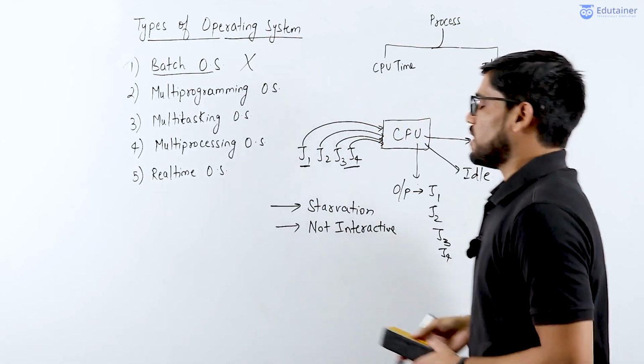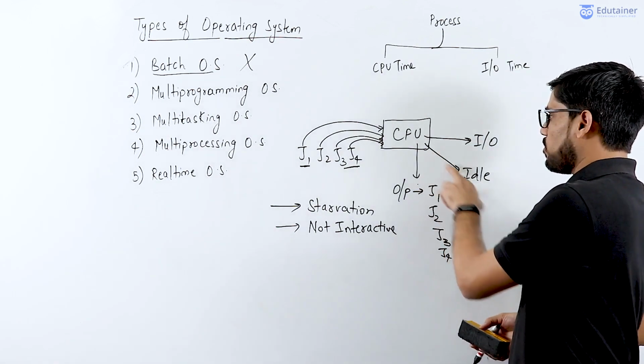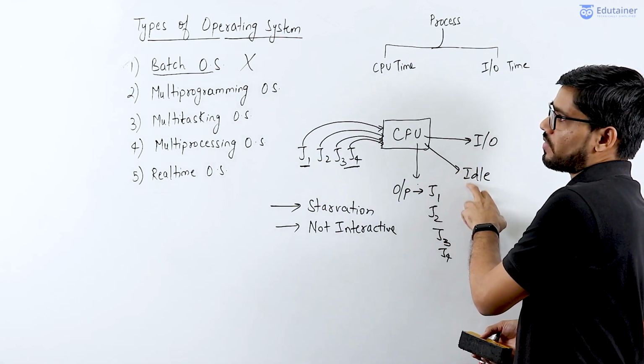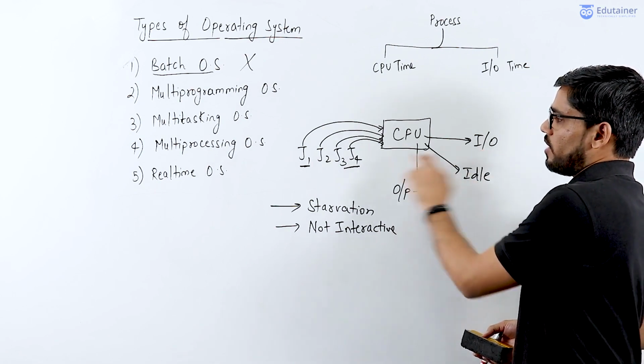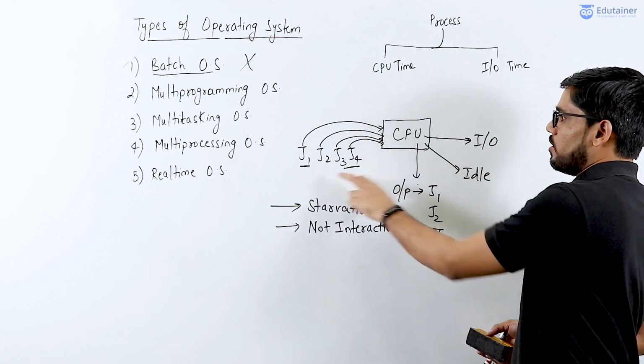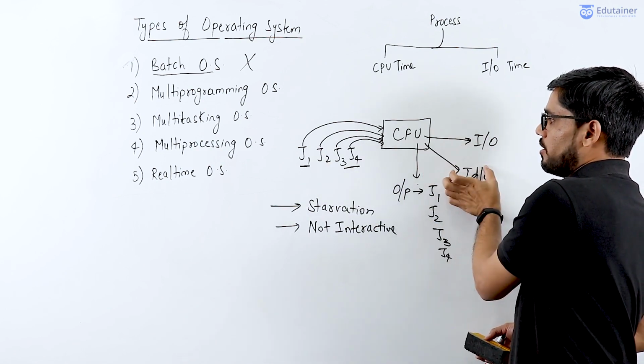Okay, next one is multi-programming operating system. The problem of the CPU being idle is due to the input output time. Whenever a job needs input output time, it will go and perform the input output, and at that time the CPU will be idle.